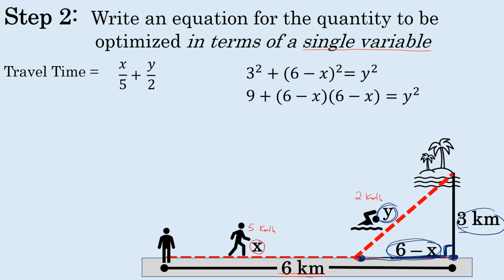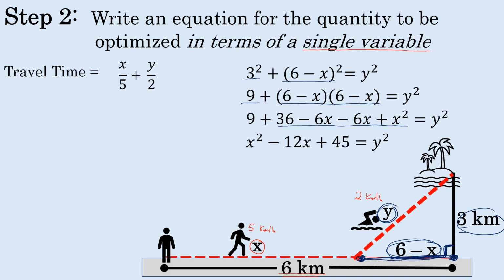What is y? We can describe y in terms of x. We'll do 3 squared plus 6 minus x squared. 3 squared is 9. 6 minus x squared is 6 minus x times 6 minus x, or 36 minus 6x minus 6x plus x squared. Combine the like terms to get 12x. 9 plus 36 is 45.